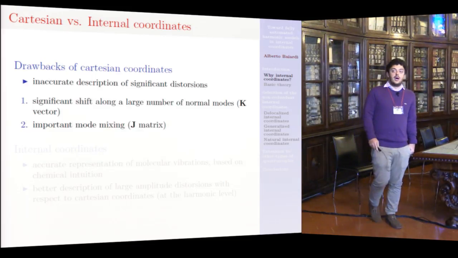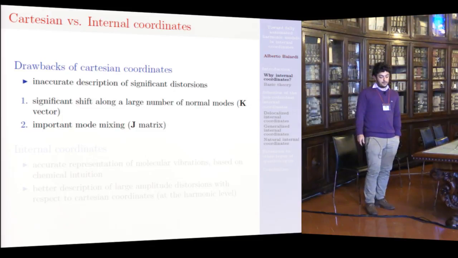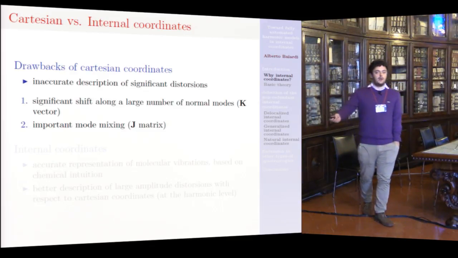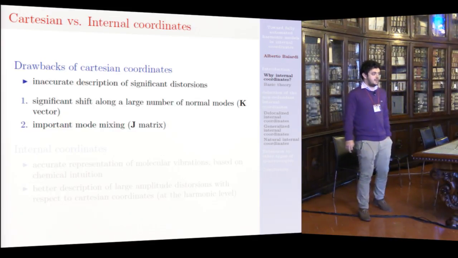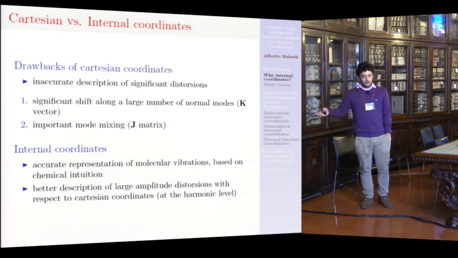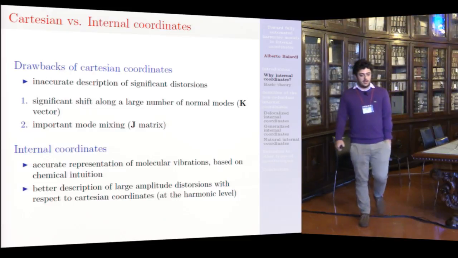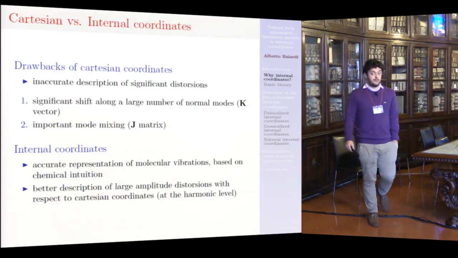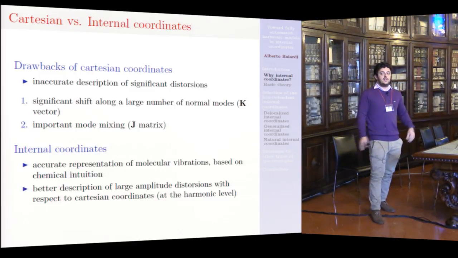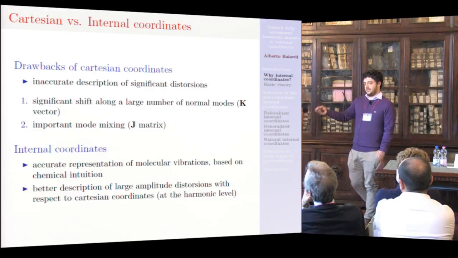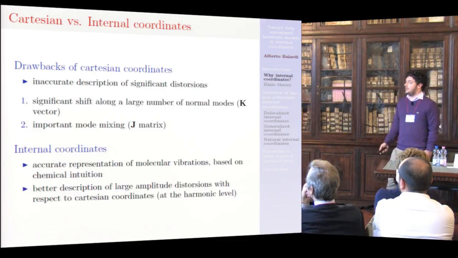First of all, you have additional couplings in the Duschinsky matrix by using Cartesian coordinates, and you have also larger components in the shift vector k in the Duschinsky transformation. While if you use internal coordinates, those two drawbacks are expected to disappear because, going back to the example I showed before, the deformation associated to the dihedral angle is associated to an internal coordinate, and so you get a more diagonal Duschinsky matrix, and the shift vector is now more physically right.